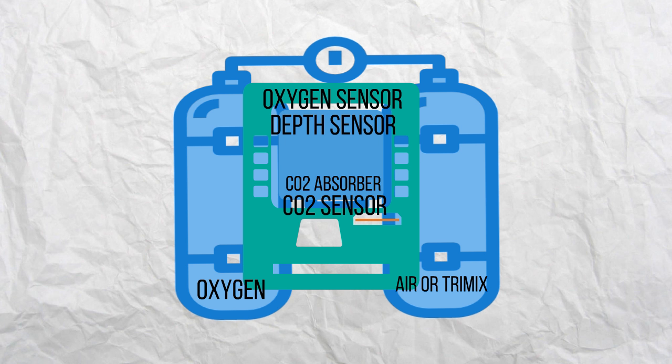So all these electronics allow the rebreather to change the ratio of gases the diver is breathing to ensure that the oxygen partial pressure remains safe, remains within the parameters set by the diver as part of the dive planning.